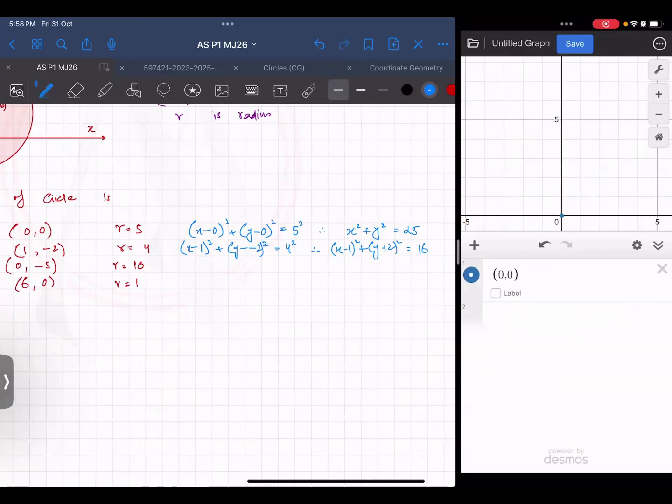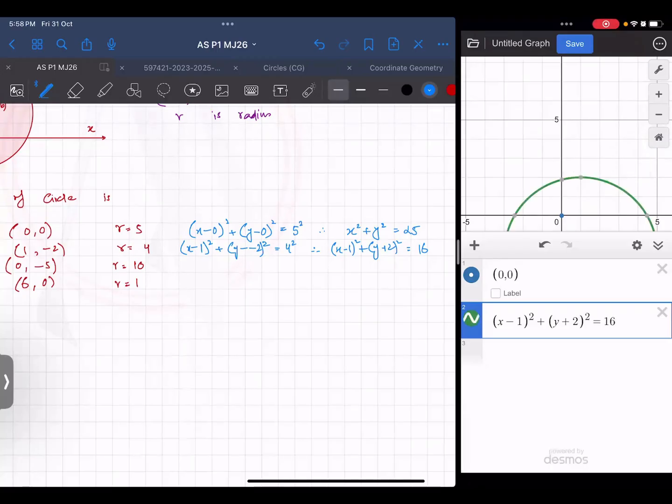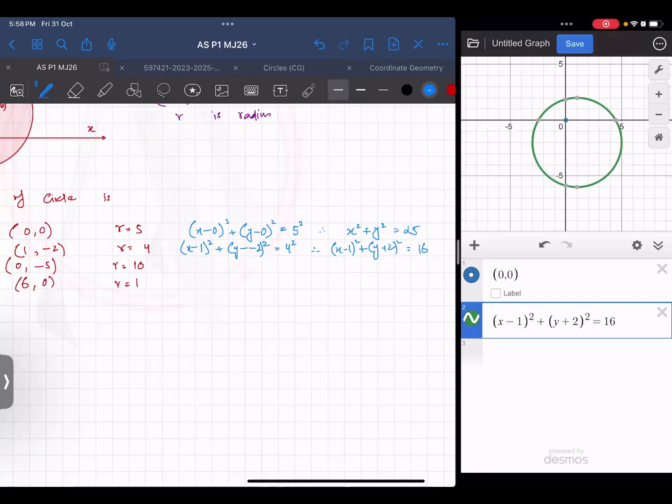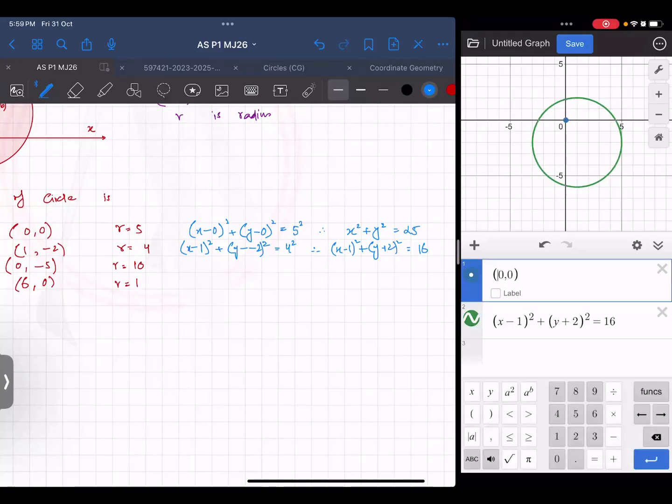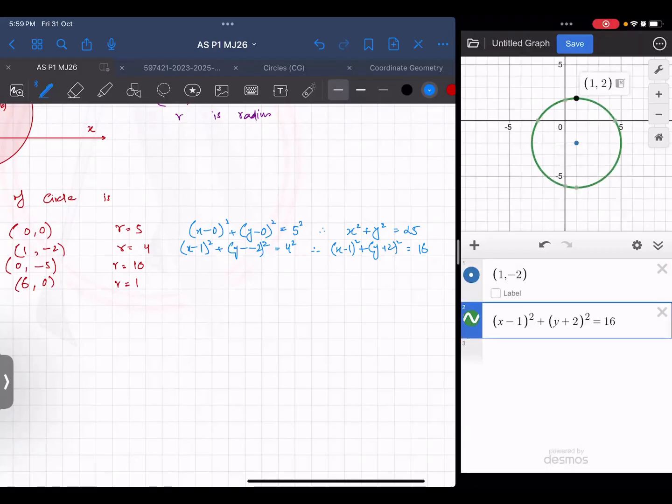Let's look at this as well: (x minus 1) whole square plus (y plus 2) whole square is equal to 16. Look over here again, your center is 1 comma minus 2. The center is this point, and your maximum is 1 comma 2. Below, you have 1 comma minus 6.